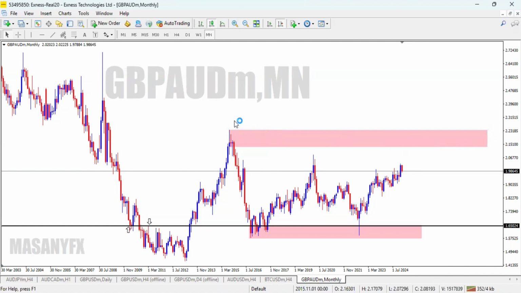I am a supply and demand trader, so this one can be my liquidity fake-out zone. Is this supply zone valid?